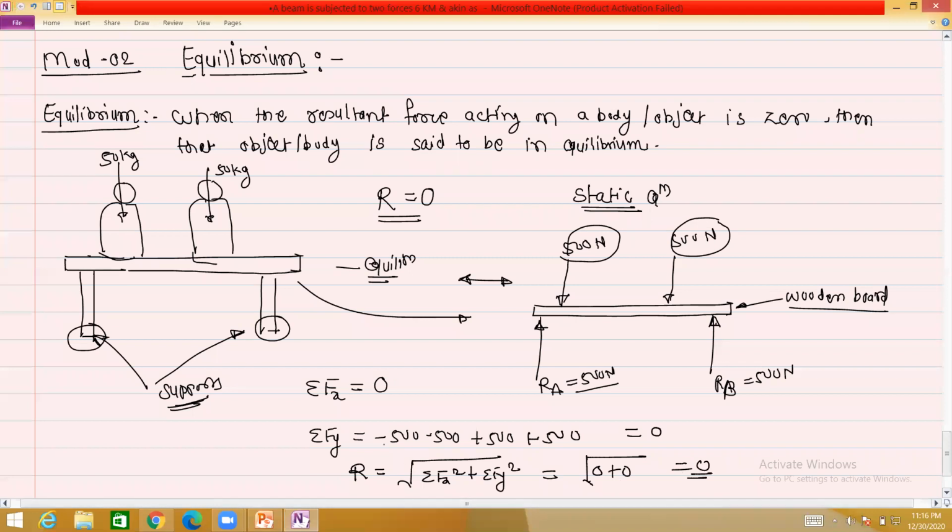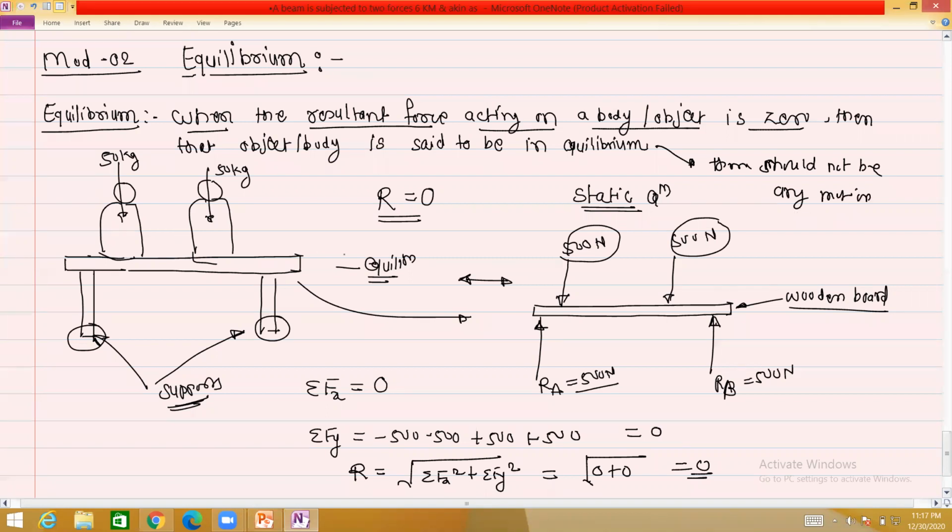So this is the meaning of this definition. When the resultant force acting on a body or object is 0, then that object or body is said to be in equilibrium. Said to be in equilibrium means there should not be any motion under the action of the forces.